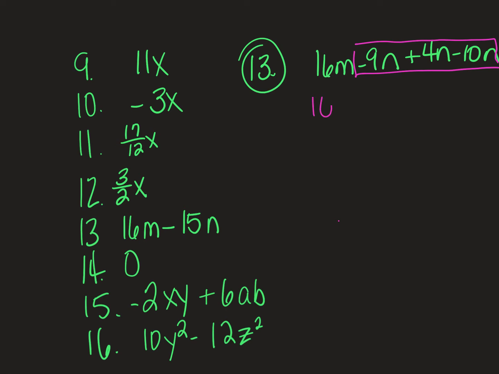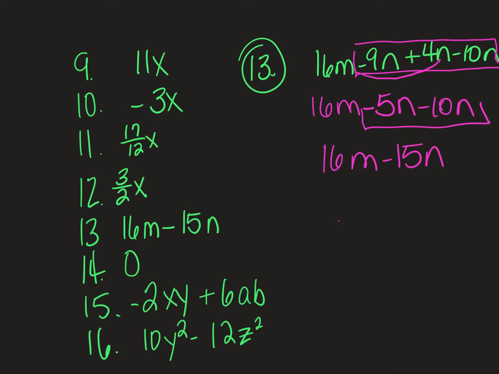There's nothing in common with 6m. So what is a negative 9n plus a positive 4n? Minus 5n, minus 10n, right? Then I can combine these 2, which makes it 16m minus 15n, as in Nancy.